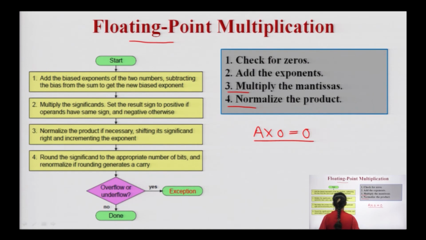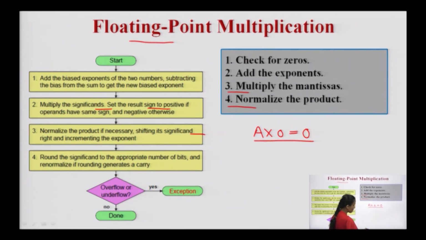That is, add the biased exponents of the 2 numbers, subtract the bias to get the new biased exponent, multiply the significands, and see the sign: the result is positive when both numbers are positive or both are negative. Then normalize the result, round off and check for overflow and underflow. If there is overflow, then raise the exception.